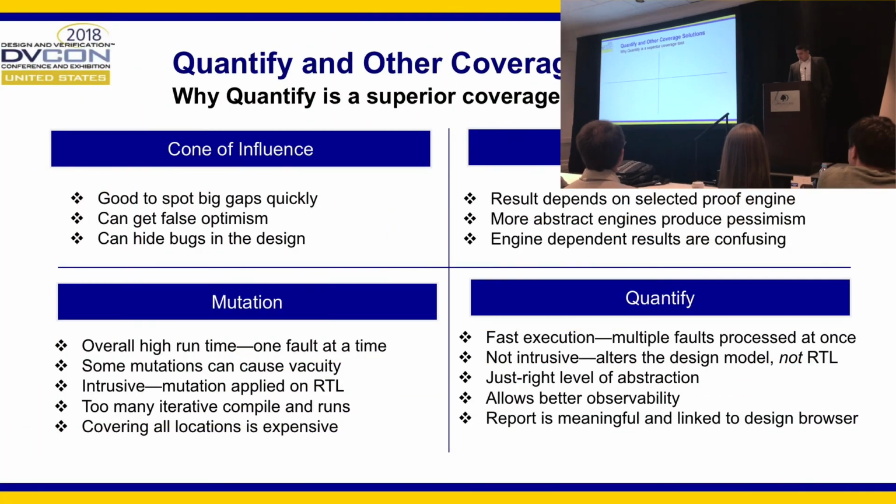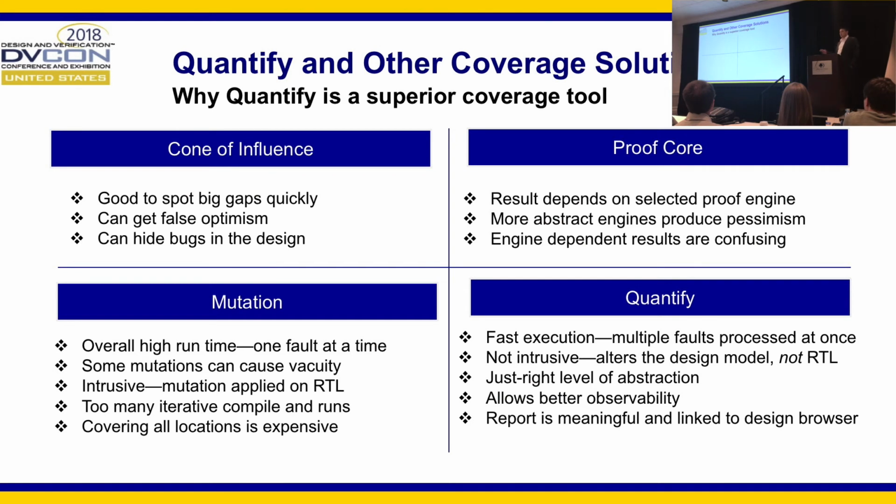And before we conclude, we would just like to do a little comparison of why we believe Quantify is a superior coverage tool. We'll start with cone of influence. Everybody has heard about this. Cone of influence can identify big gaps quickly, and the problem is it can give you false optimism, especially if you write your checks in such a way that everything is in the cone of influence.